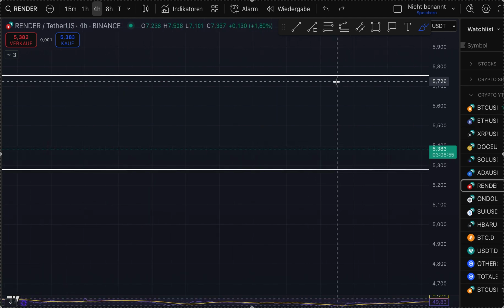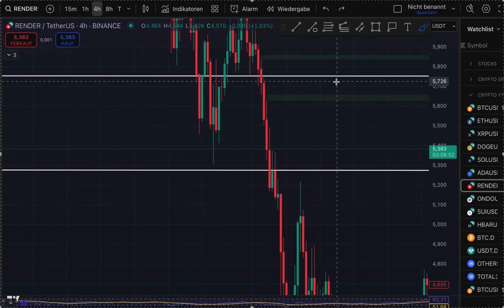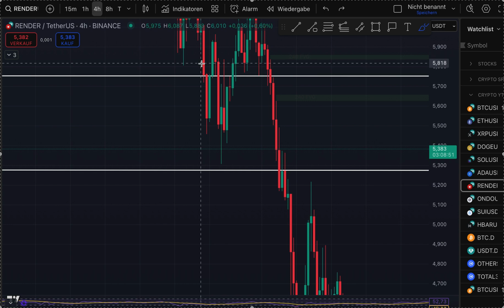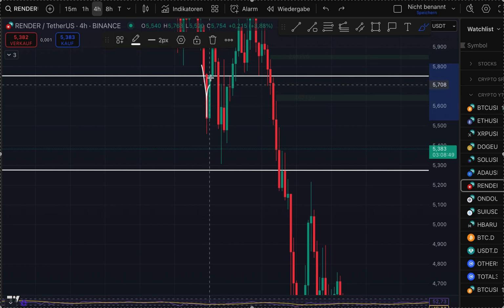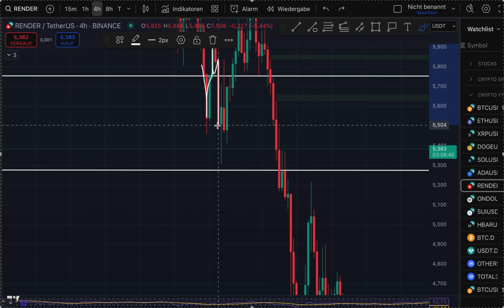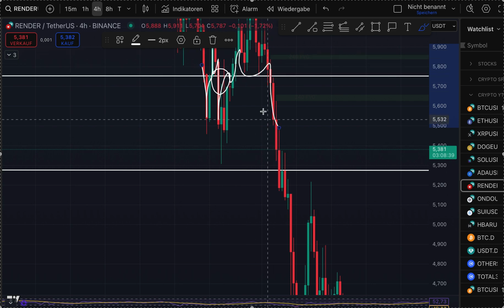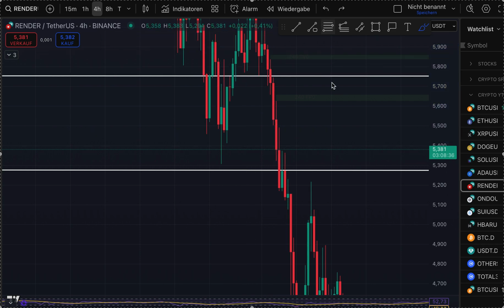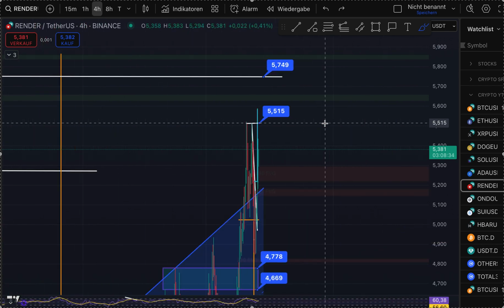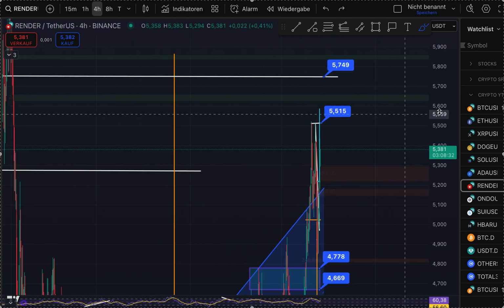So what happened here is we broke to the downside, we retested it, broke to the upside, got support, broke to the downside again, retested, broke to the upside, support several times, breakdown. So this resistance area is going to get very interesting for Render.